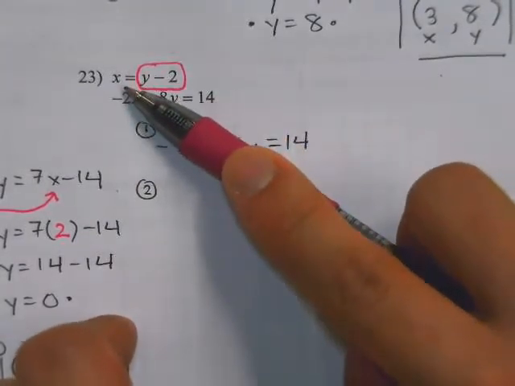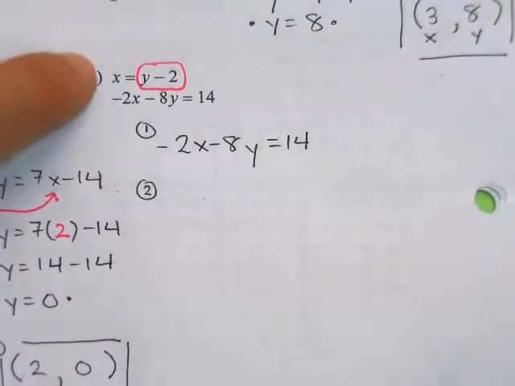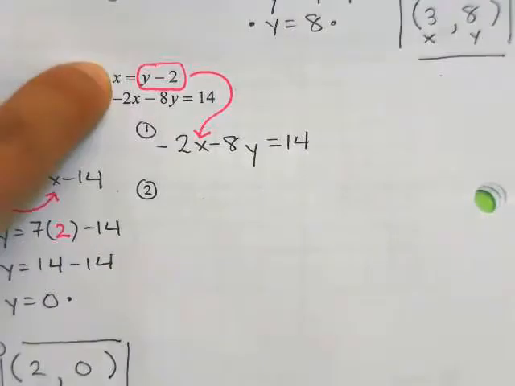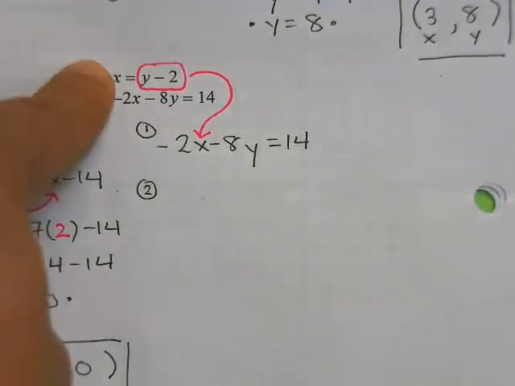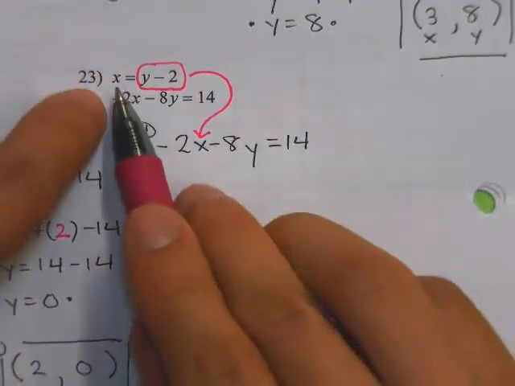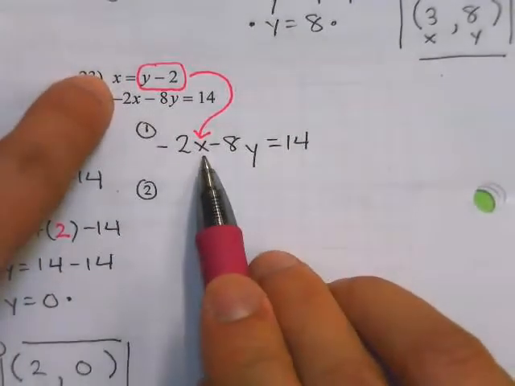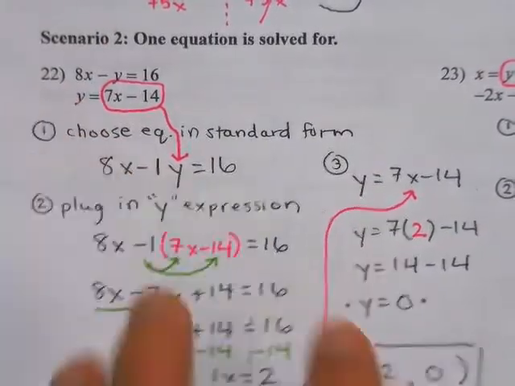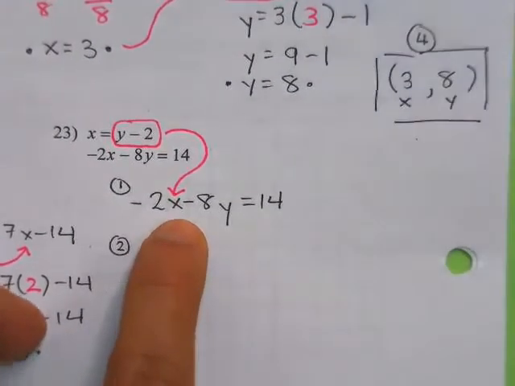Because it says x equals, you're going to plug it in the x. So just be careful where you're plugging it in. You're not always going to plug it in on the y. Whatever this variable is, that's what you're going to plug it in. So on the first one, we plugged it in on the y because it was y equals. On the second one, it's x equals, you plug it in there.